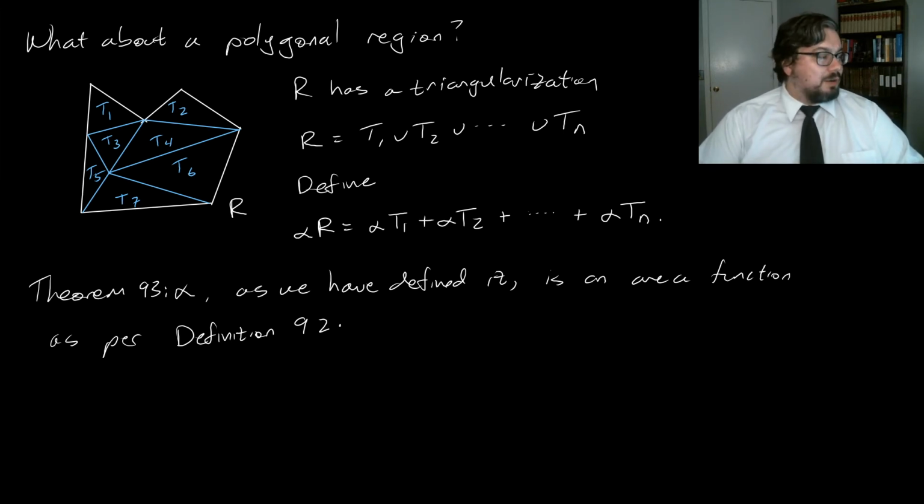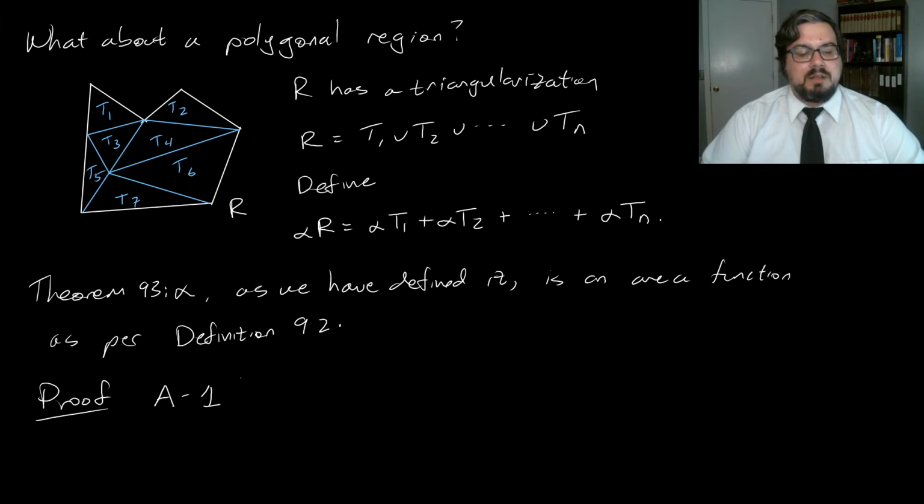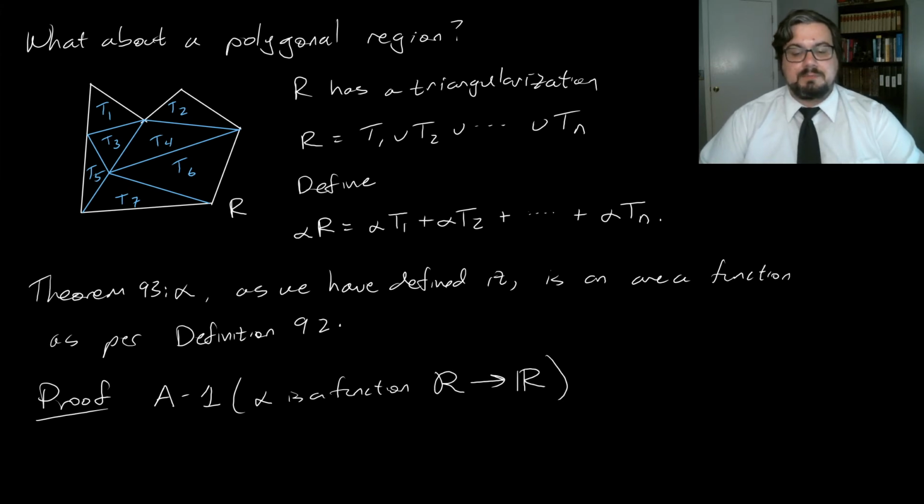It turns out that the difficult part of showing that alpha satisfies A1 through A4 comes actually right at the beginning. So remember that the first condition, A1, we needed to show that alpha is a function from the set of polygonal regions to the set of real numbers. And it looks like we've got that, but there's a well-definedness issue.